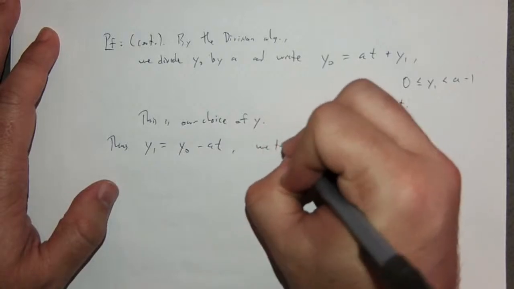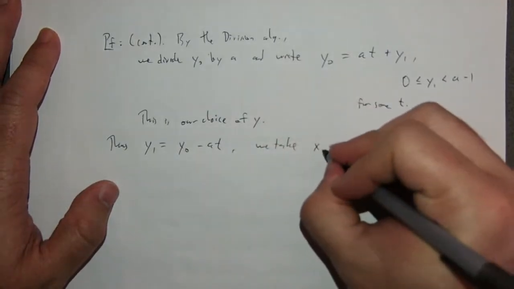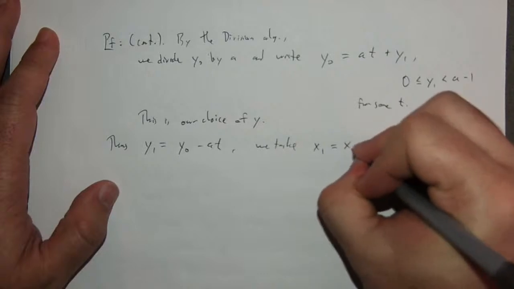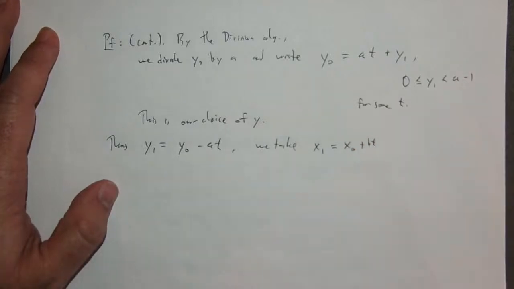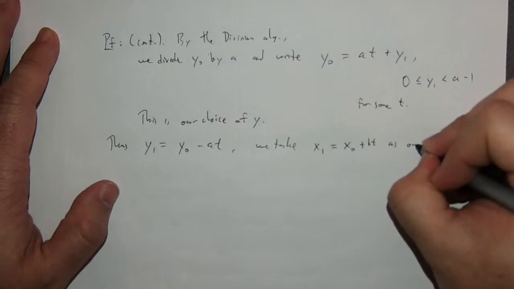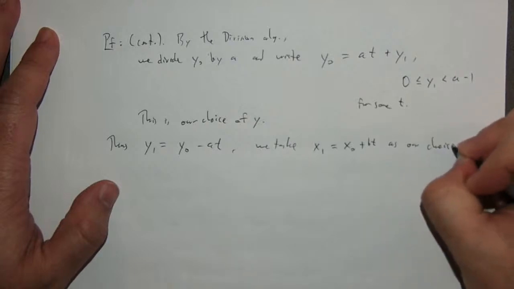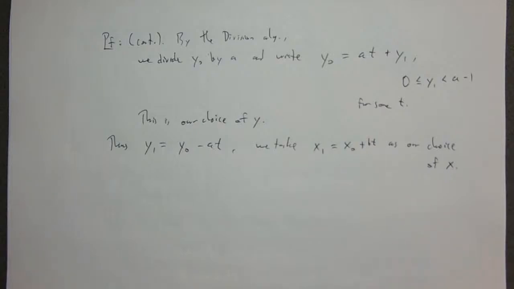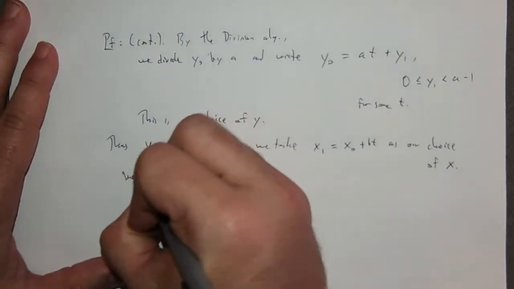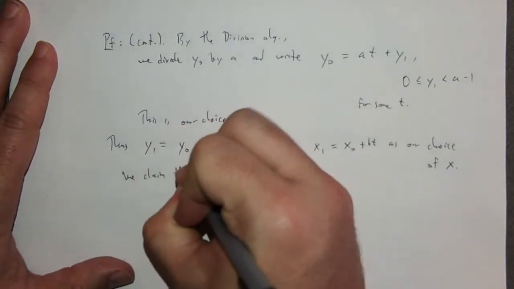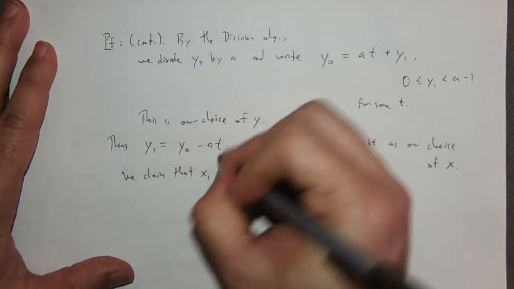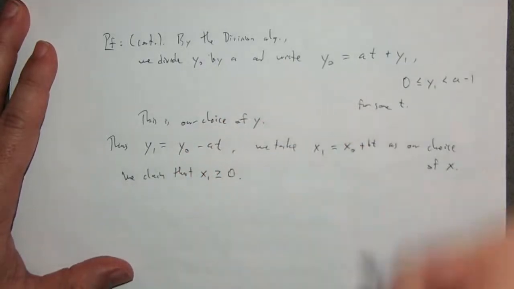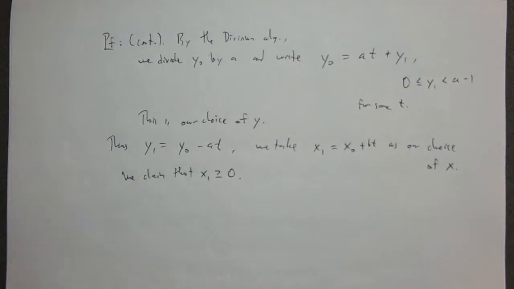We take x sub 1 to be x naught plus bt as our choice of x. This is the associated x to this choice of y sub 1. So we claim that this x sub 1 choice is non-negative, and we're done in that case.